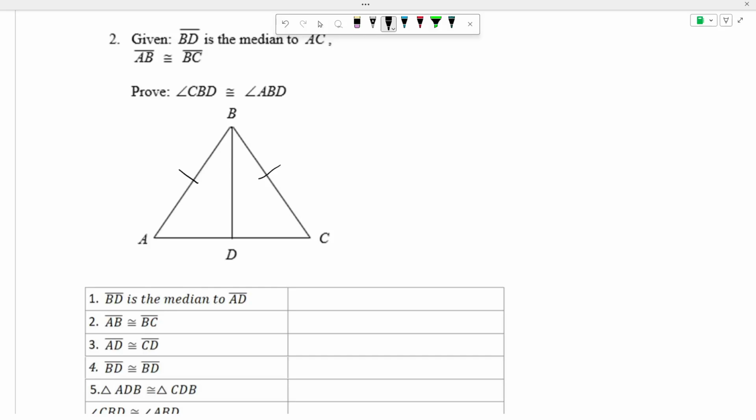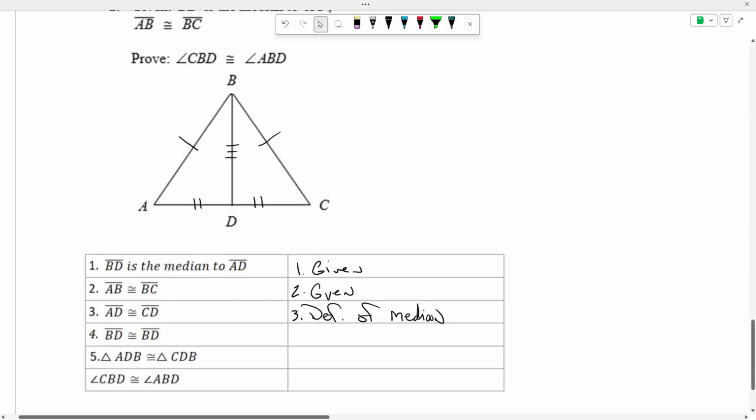So the first thing here, number one, is given. Number two, that was another given. This one right here says AD is congruent to DC, because medians also are like a bisector where it chops these pieces in half, so these two pieces are congruent to each other. This is our definition of a median. Next we have, again, our reflexive property. These two pieces are congruent to each other.